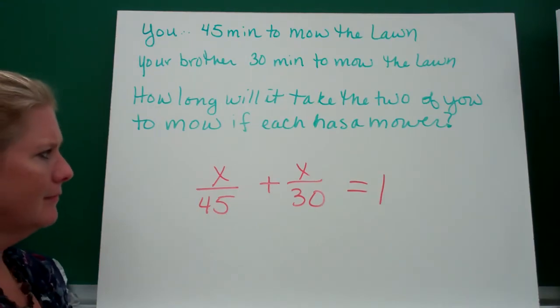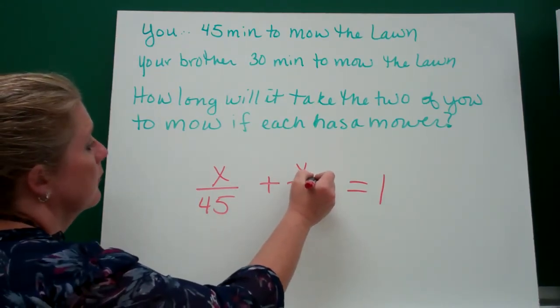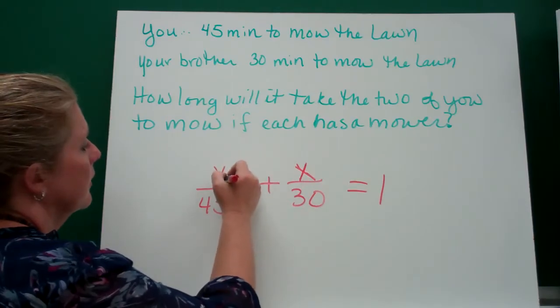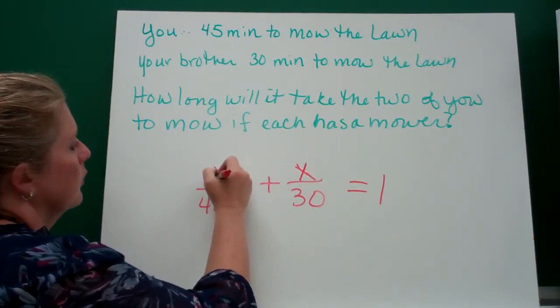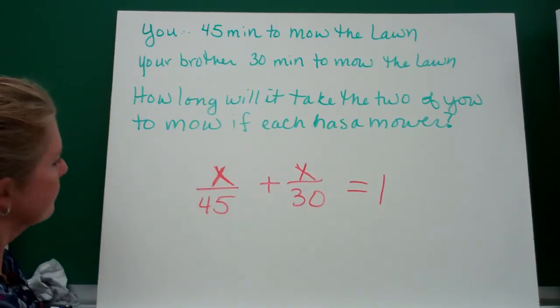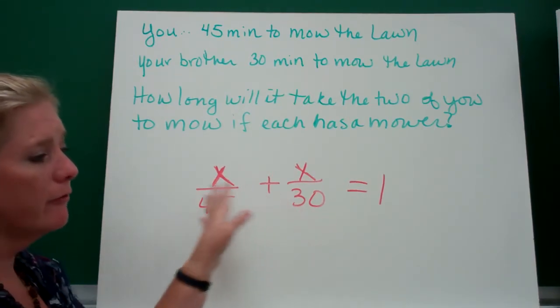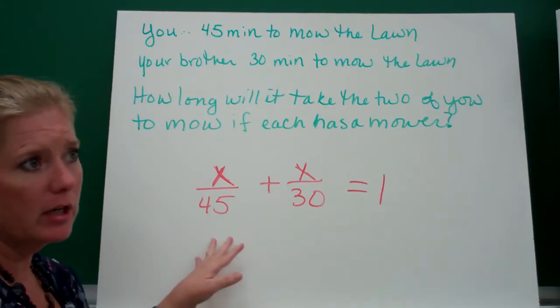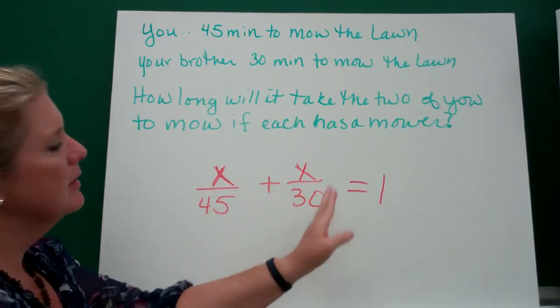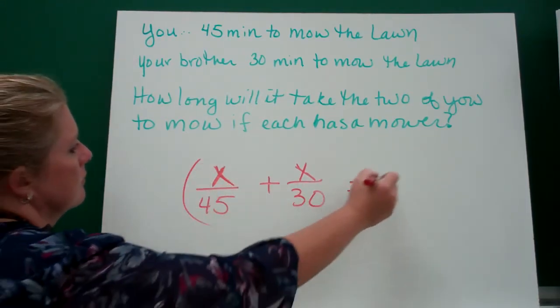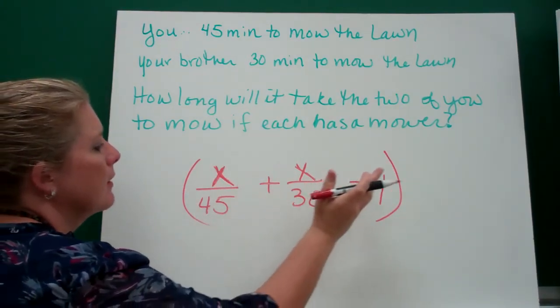This one's a hard problem to set up on your own. We'll just have to practice them in class. Now, how do we solve this? People don't like fractions, so what do you do to get rid of a fraction? You multiply by the least common denominator. You're going to multiply everything by that.